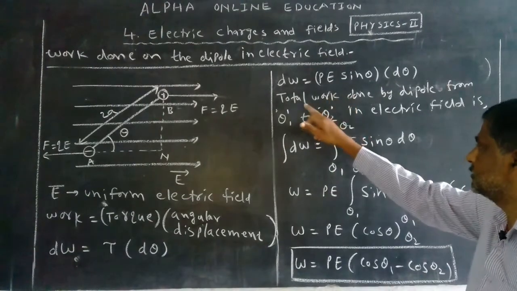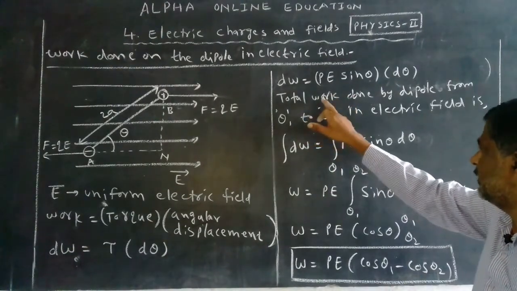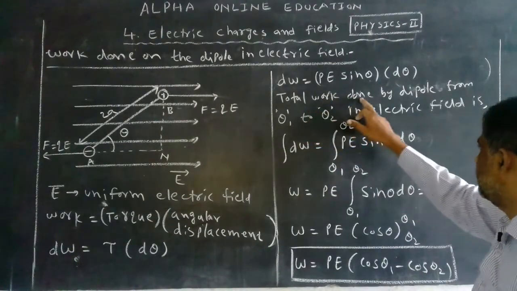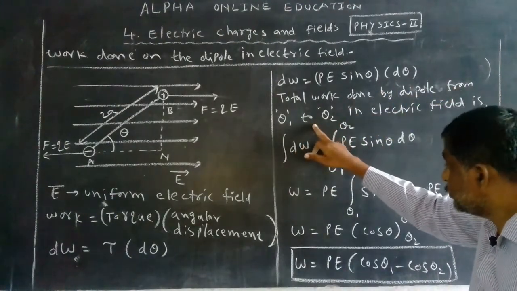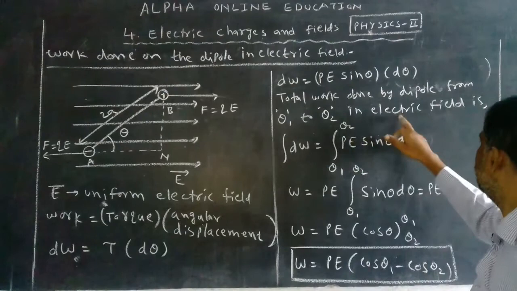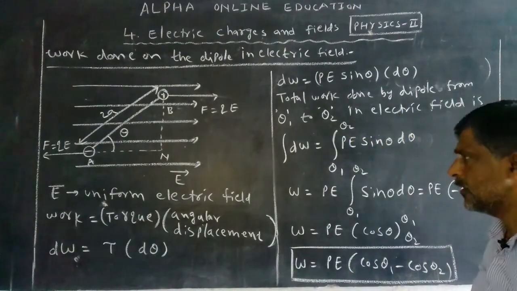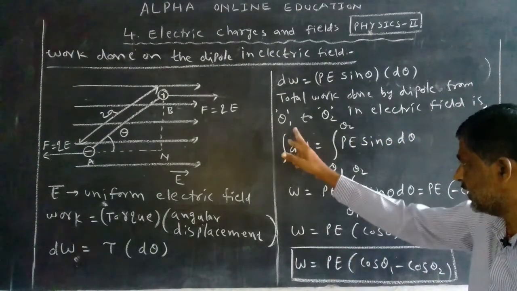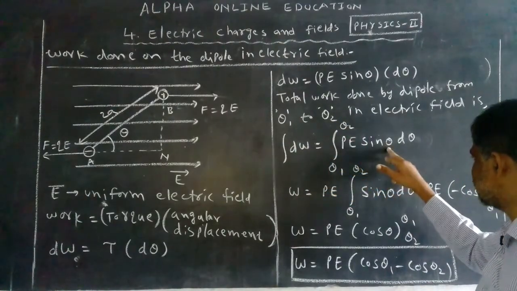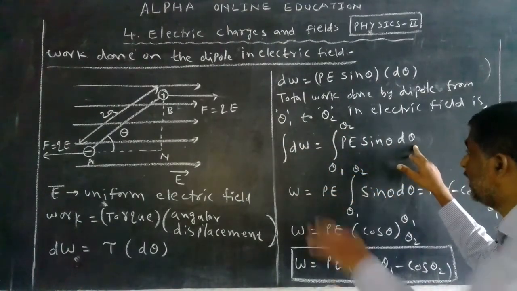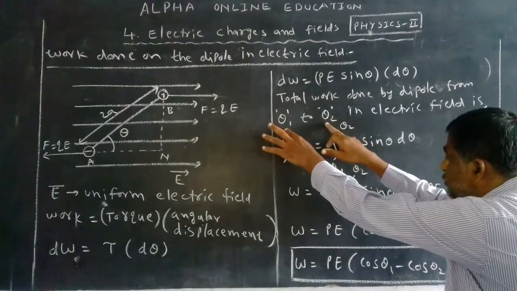Total deflection, total work. The total work done by the dipole from theta 1 to theta 2 in the electric field is: take integration. Integral dW is equal to integral PE sin theta d theta, from where to where? Theta 1 to theta 2.